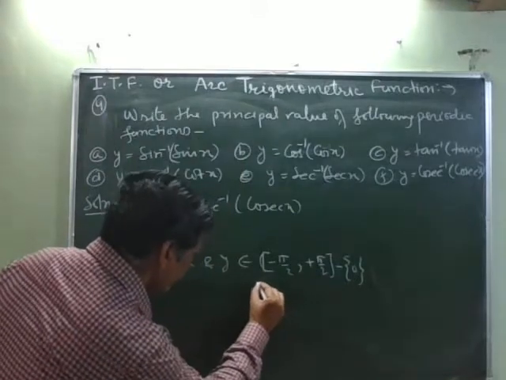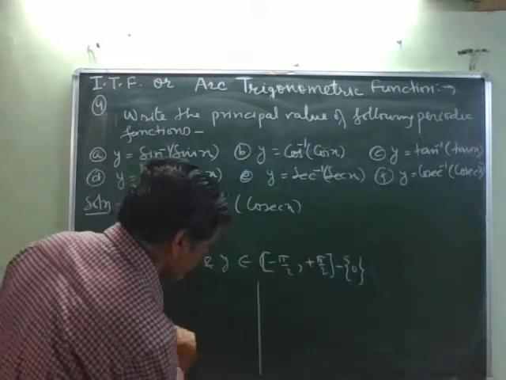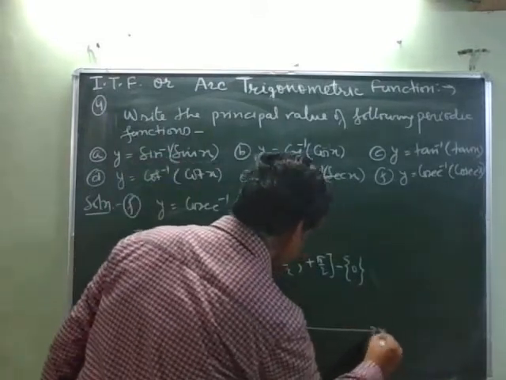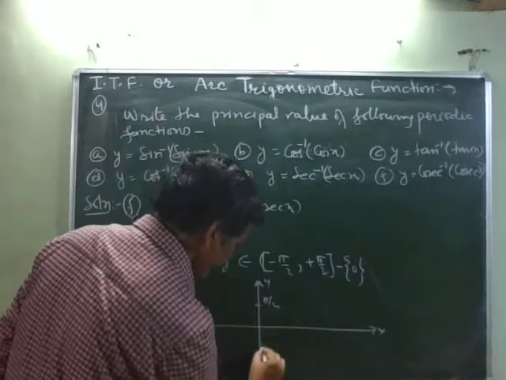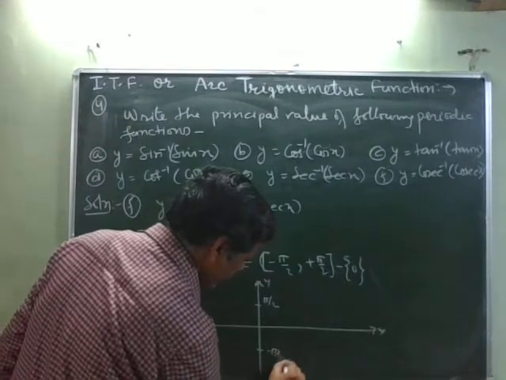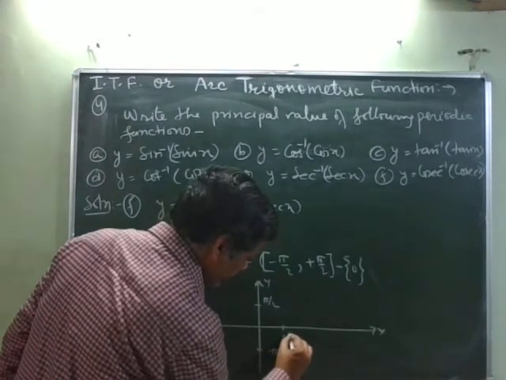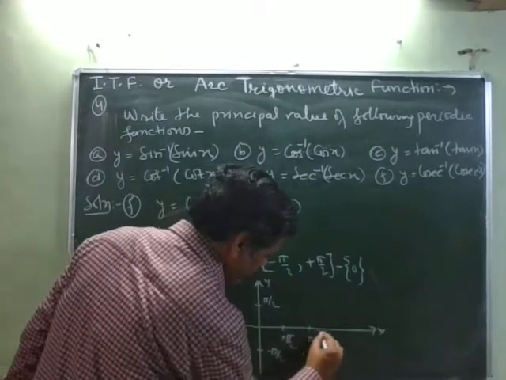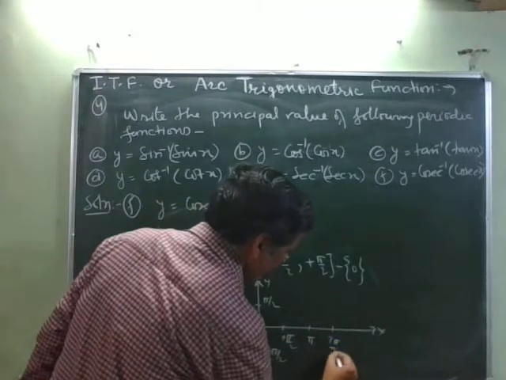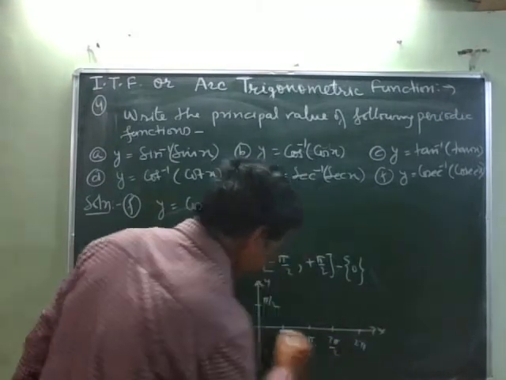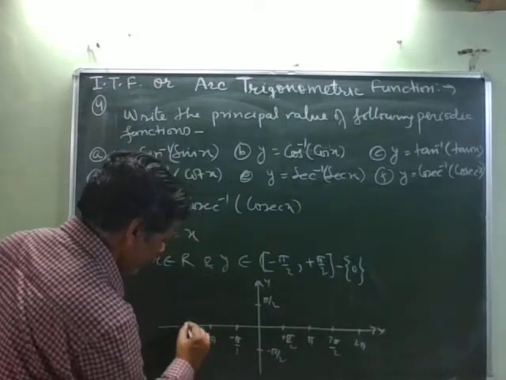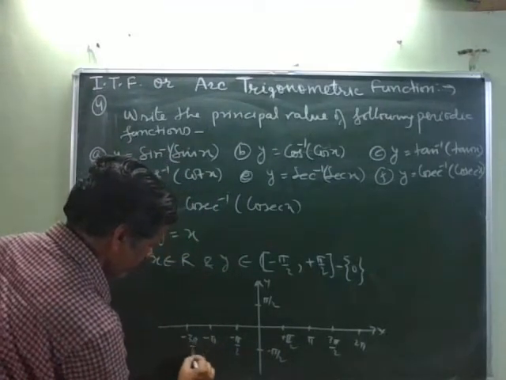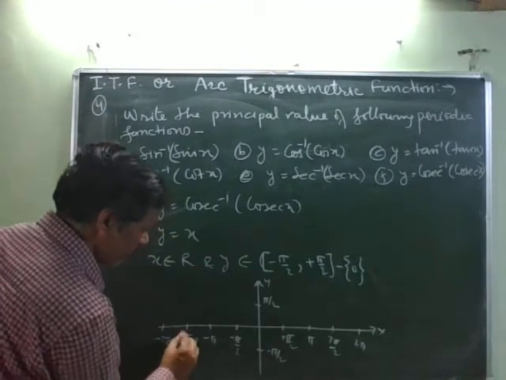If we plot the graph, x, y, pi by 2, minus pi by 2, plus pi by 2, pi, 3 pi by 2, 2 pi, minus pi by 2, minus pi, minus 3 pi by 2, minus 2 pi.